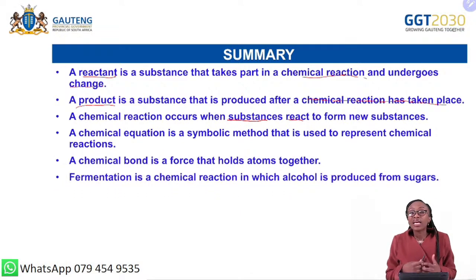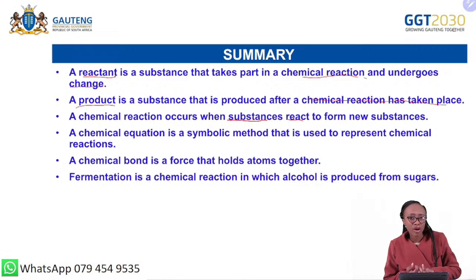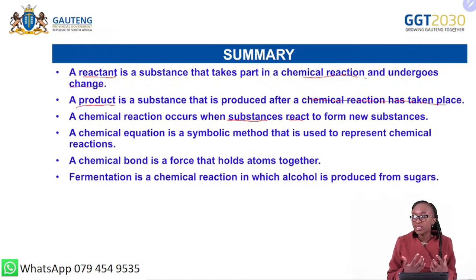And then towards the end of the lesson, we learned about fermentation. So fermentation is a chemical reaction in which alcohol is produced from sugars. Do you remember the three examples that we gave? We gave an example of umqombothi, apple cider vinegar, and maheu. We also had an activity, right?